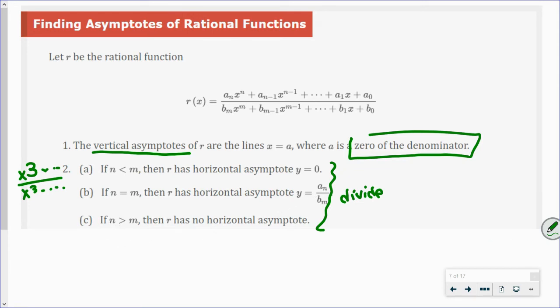If the degree of the top is bigger than the degree of the bottom, so if you have like x to the fourth and stuff over x to the third and then a bunch of stuff, there is no horizontal asymptote. And that's correct, but we're still going to find either the slant asymptote or the parabolic asymptote or the cubic asymptote. There are other asymptotes that you get based on actually doing the division. So you can figure out everything just by doing the long division.